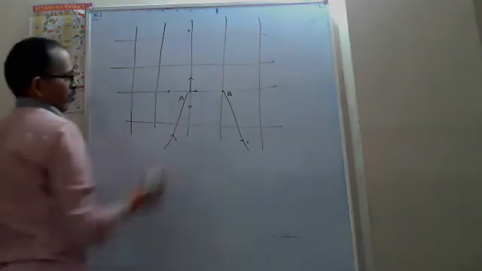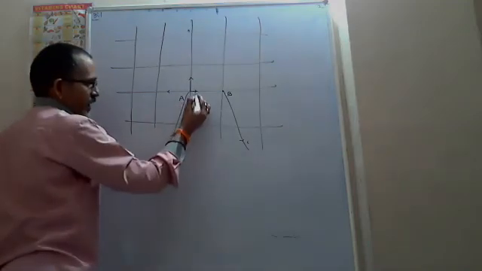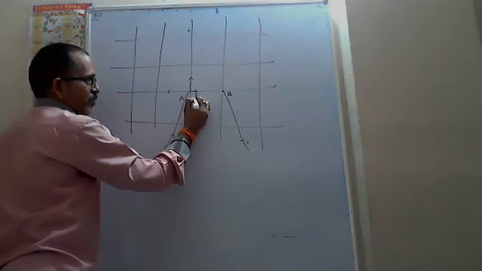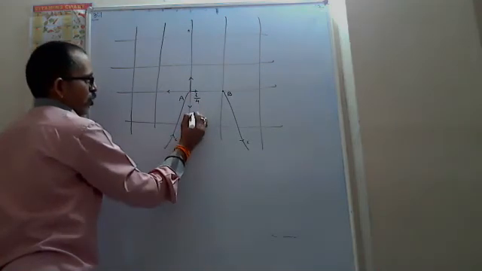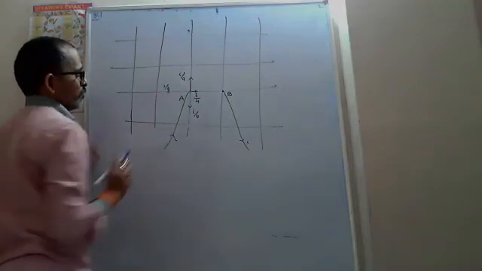At A, since all sides are extended to infinity, the current will be split equally. That you understood, Nana? Understood, sir. So I by 4, I by 4, I by 4, I by 4. Am I right?